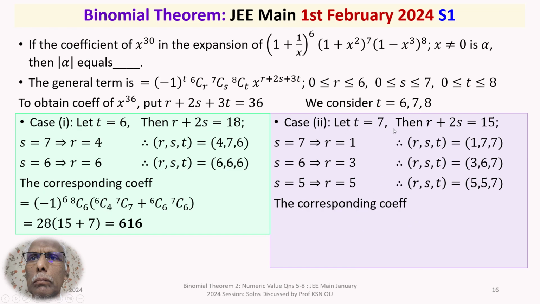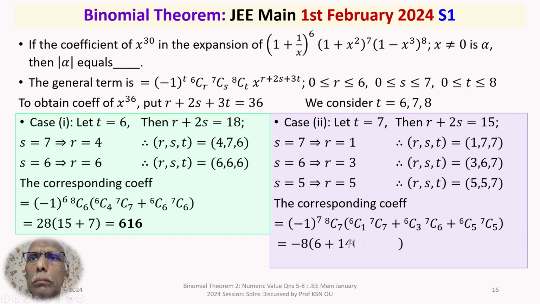So the corresponding coefficients are, these coefficients you have to compute. So r, s, t 1, 7, 7. And you see 8C7 is common. In all these things, 8C7 is common. So you get 6C1, 7C7, 6C3, 7C6, 6C5, 7C5.